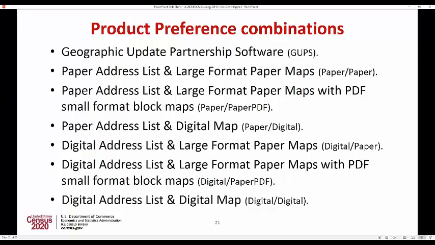But we'd send it out digitally. You can take it in Excel, or in GUPS software, or do it in the shape files if you're using ArcMap or some other GIS product.